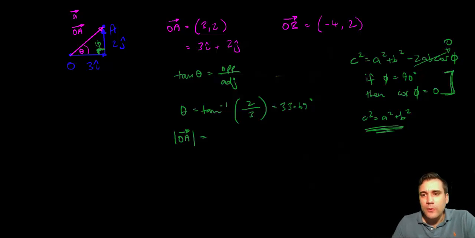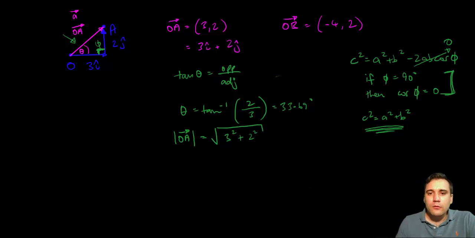So anyway, we can apply the same concept of finding this hypotenuse, which is OA. So this is the hypotenuse, and we can say the magnitude, or the size, of that is going to be equal to the square root of the I component squared plus the J component squared. So we can say 3 squared plus 2 squared, right?